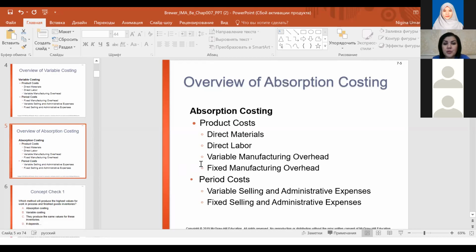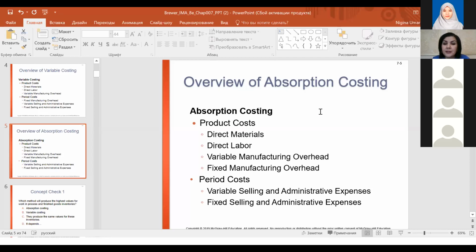Let's look at absorption costing. Look at the product cost. What do we usually include into the product costs? Direct materials, direct labor, variable manufacturing overhead, and fixed manufacturing overhead.